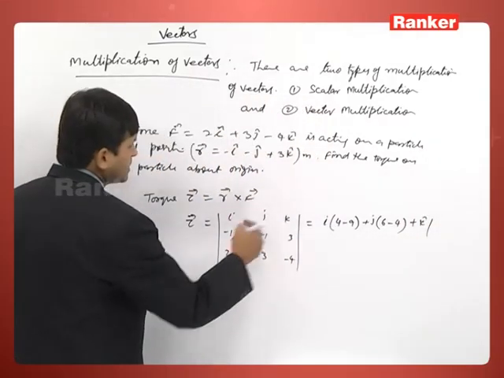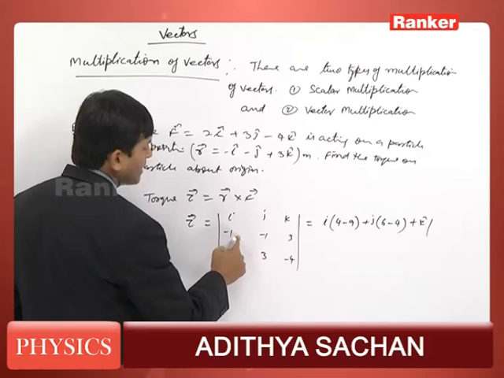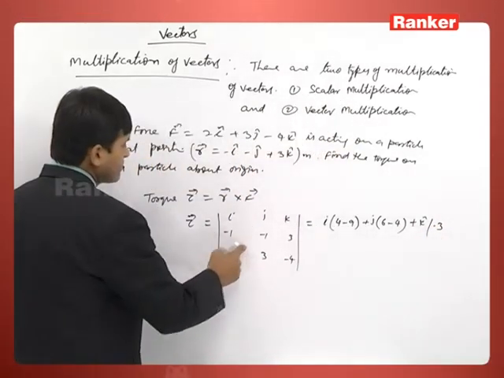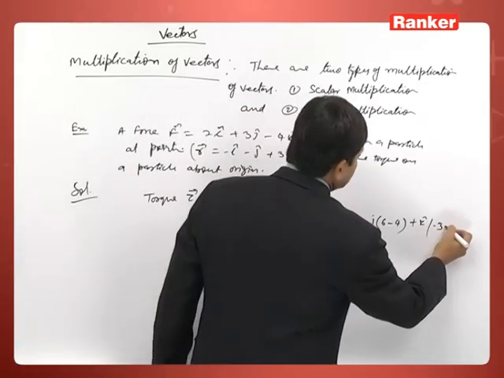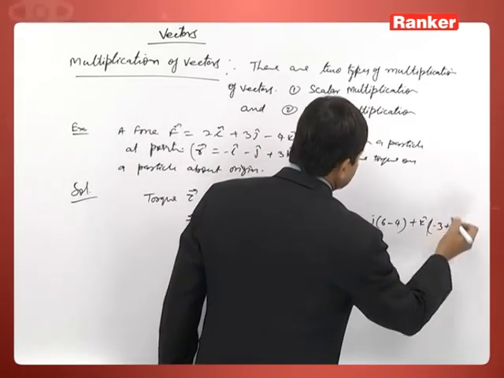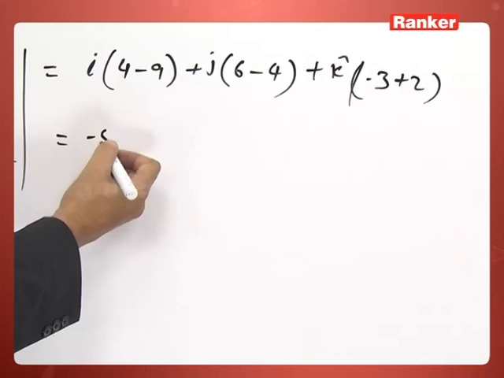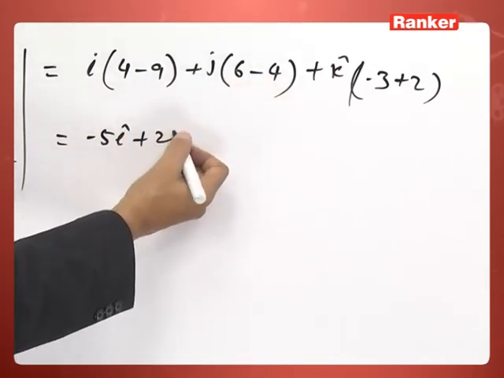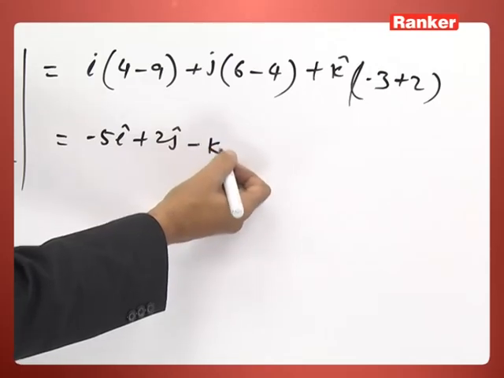So k cap, minus 1 into 3 is minus 3, minus of minus 2, so that becomes plus 2. Finally, we will have minus 5i, plus 2j and minus k.